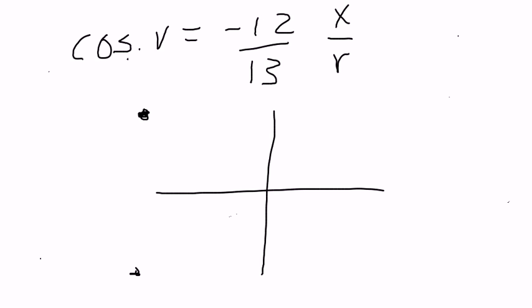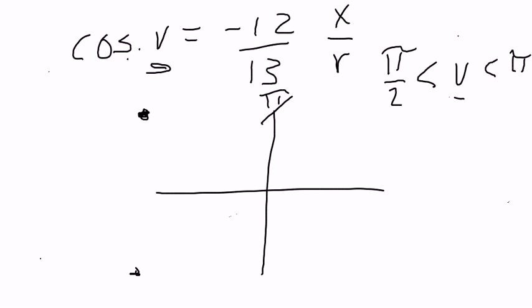Now I'm going to look at the second piece of information, which says, for example 3 still, pi over 2 is less than angle v, and that's less than pi. Pi over 2 is 90, so right here, and then pi is right here.